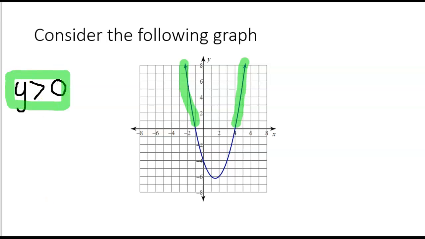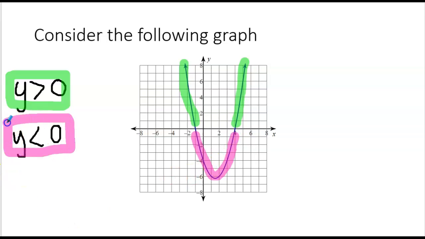And so not surprisingly then, if I were to ask you guys to find me where y is less than 0, hopefully you guys would know that we would be looking at the places below the x-axis, right? And those places where y equals 0 are the places right where the graph touches the x-axis.